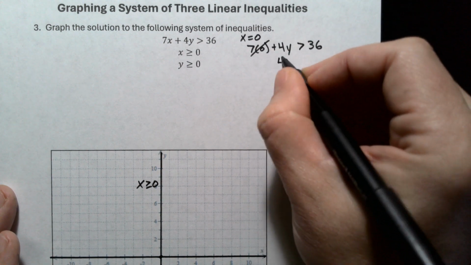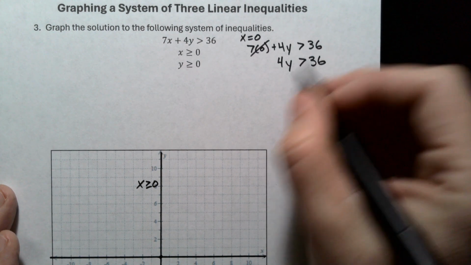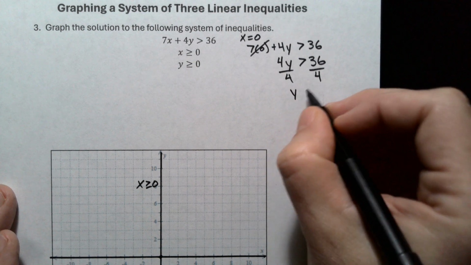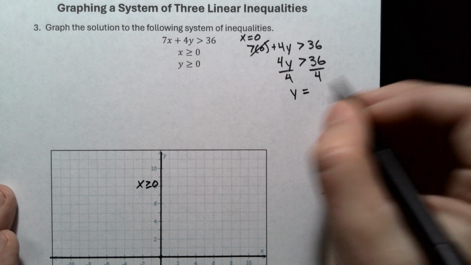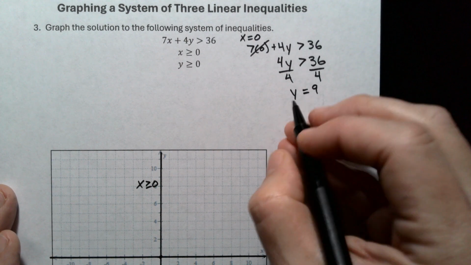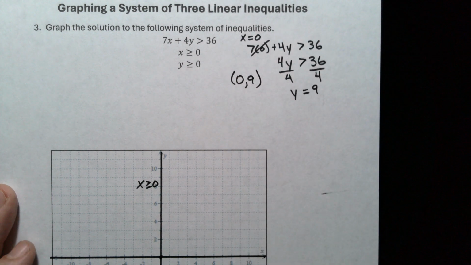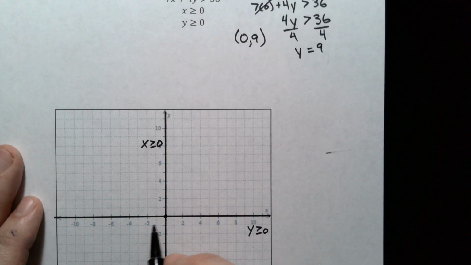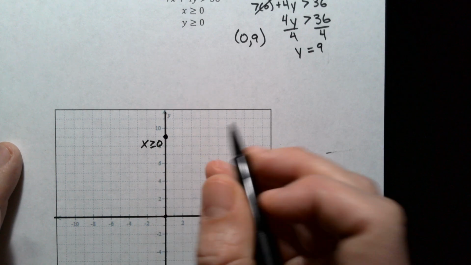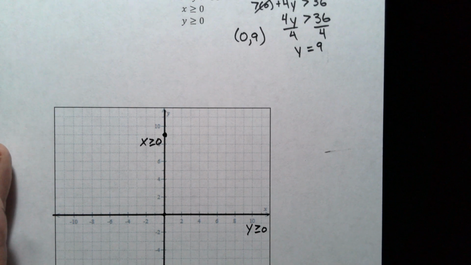That goes away, so 4y is greater than 36. I should have said equal to. I did that again. That's all right. It doesn't really matter. Divide both sides by 4, and it'll be y is equal to 9. So these should have been equals. Whatever. It doesn't really matter that much. So 0 for x and 9 for y. So I can put that point. 0 for x and 9 for y is right here. Okay. And now let's try another one. What's another one I should try?